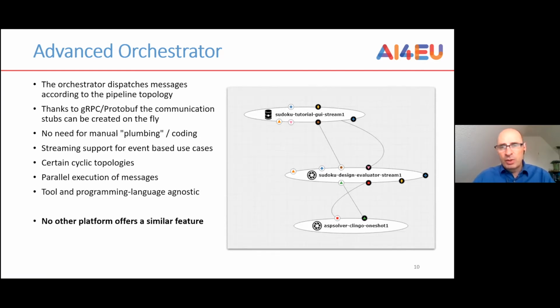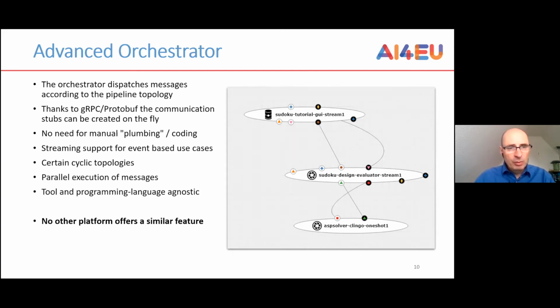The orchestrator gets the topology, knows how the message will flow, and will create all the artifacts, the stubs and skeletons, on the fly. So there's no need for manually plugging all the nodes together. This is done using the visual editor and our orchestrator.